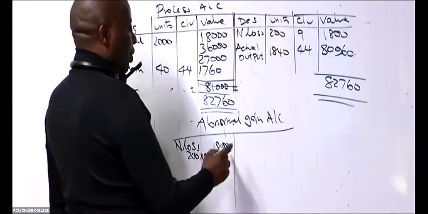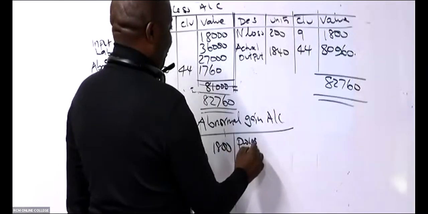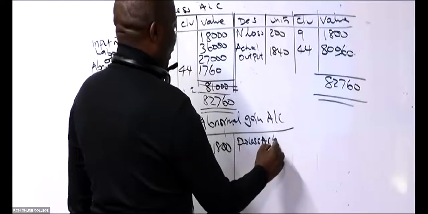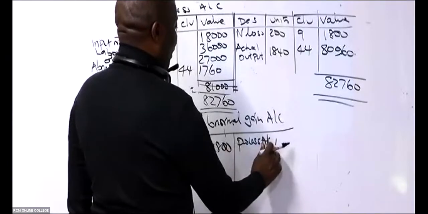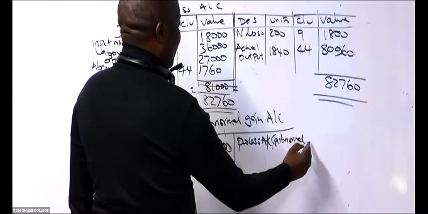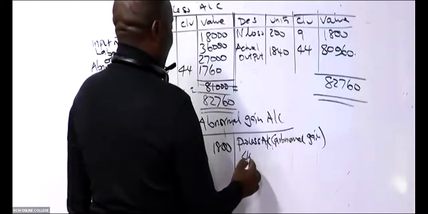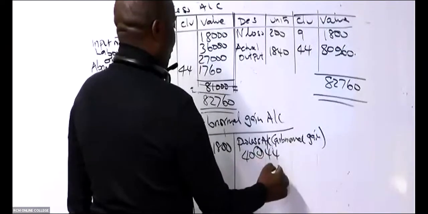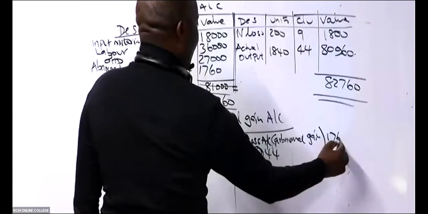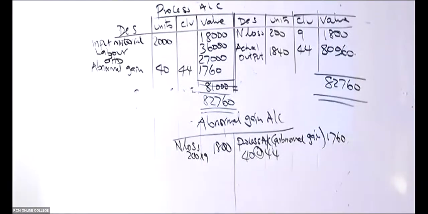All right. So we have here from the process account, abnormal gain. It is 40 at 44, giving us 1760.